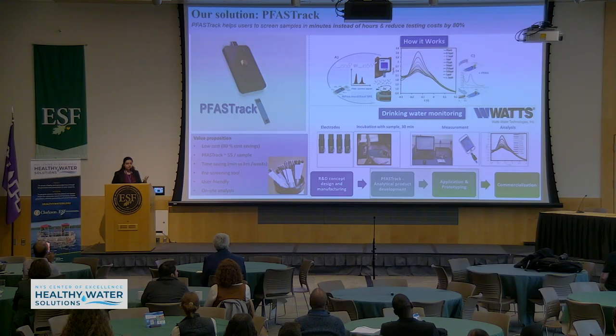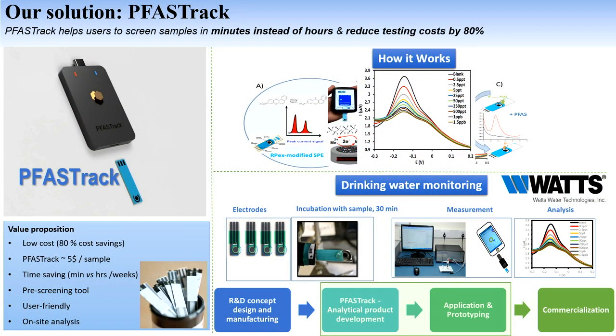Our solution is PFOS Track. We introduce PFOS Track as a single-step, low-cost, portable electrochemical sensor that cuts through all that complexity. It's a true pre-screening powerhouse tool that is ideal for environmental monitoring, drinking water utilities, and even rapid response during contamination events.